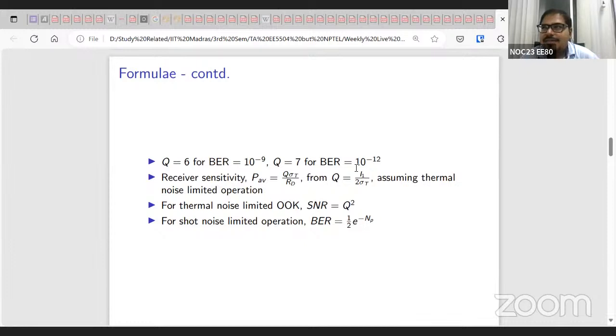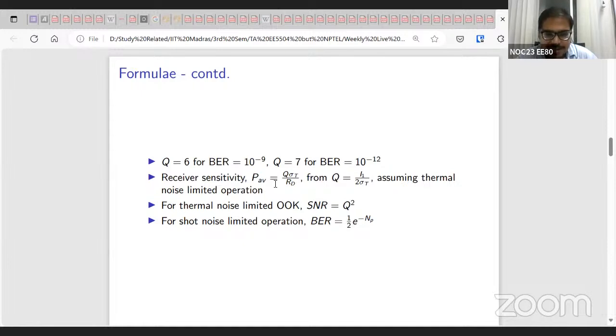I think these expressions you will be using for calculations this week and next week also. Or anytime you want to design an optical system, you will be using these values.